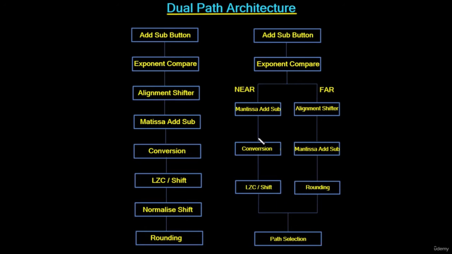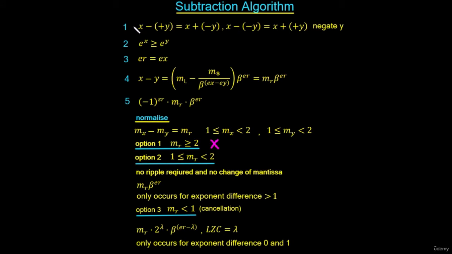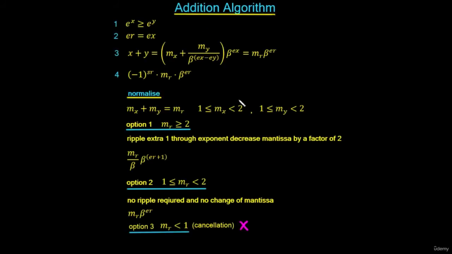The architecture on the right hand side, the dual path architecture, is faster than the architecture we have on the left. So let's talk through the architecture on the left hand side, and we'll equate each of the boxes to each of the processes we go through here for the subtraction algorithm and the addition algorithm.